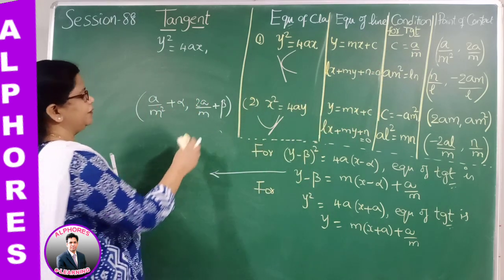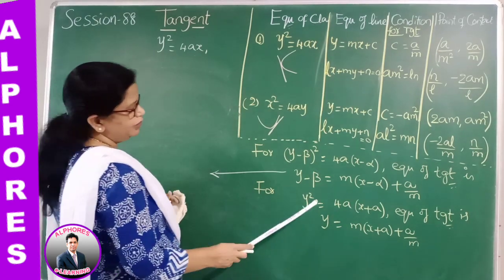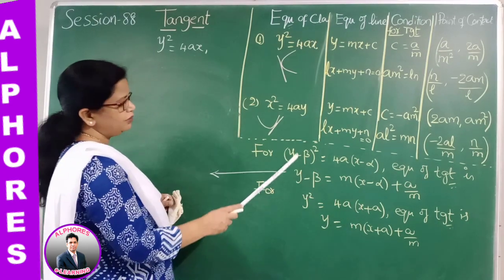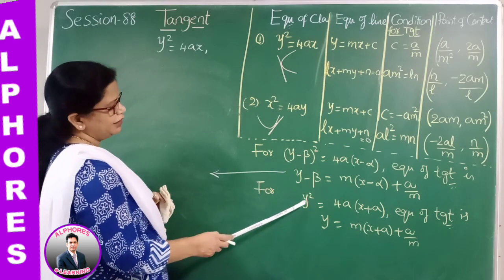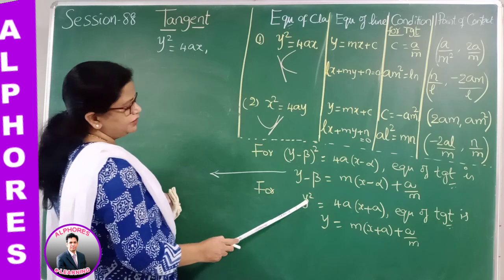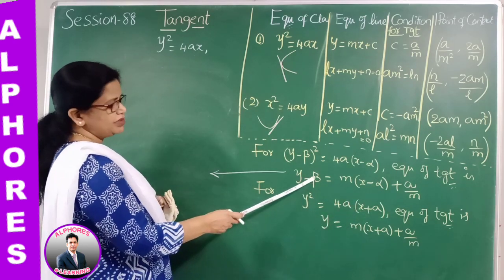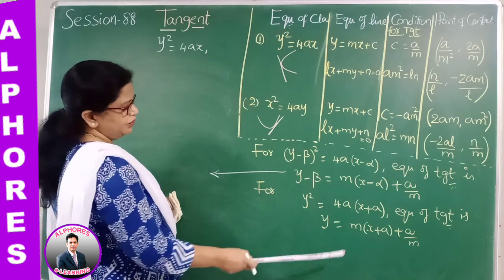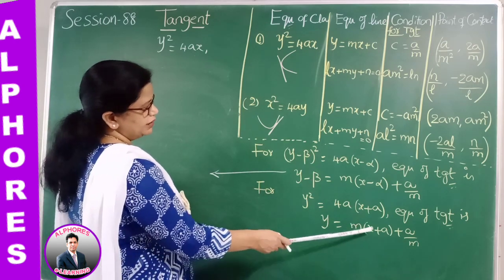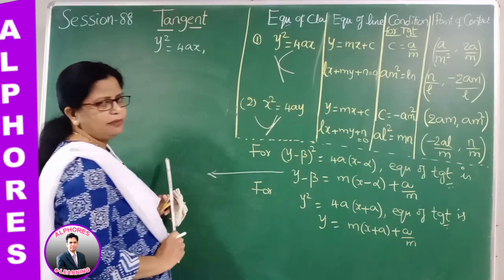And next one, sometimes many problems we come across like this, no beta value, it is origin, and many times we come across this kind of parabola in our problems. Then if this is a tangent, what about the condition? Same here, just beta is absent, that is 0, and now m into x, meaning x plus a, and as usual plus a by m.